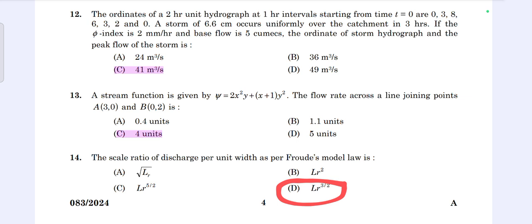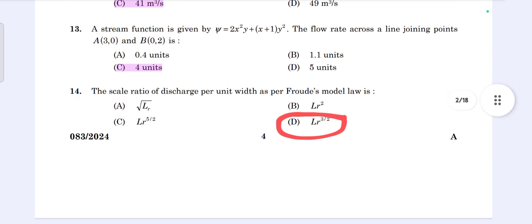The flow rate across a line joining points A(3,0), B(0,2) is 4 units. The scale ratio of discharge per unit width as per Froude's model law is scale ratio LR raised to 3/2.